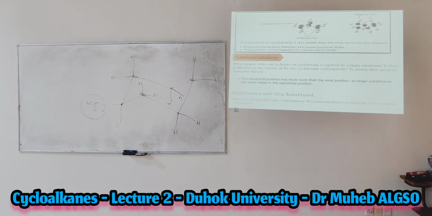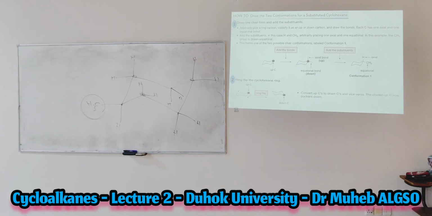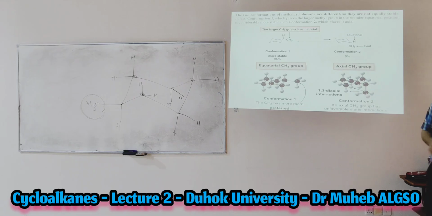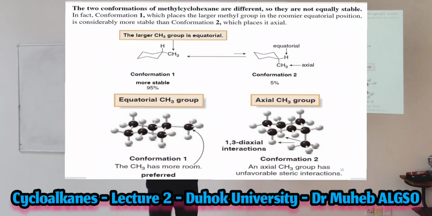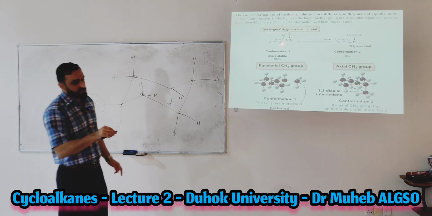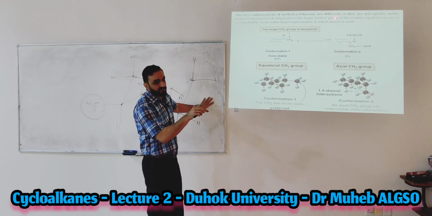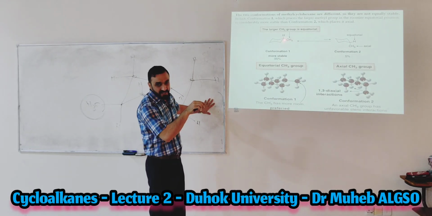Okay. Do you understand the steps, how you can draw the cyclohexane? Now, the two conformations of methyl cyclohexane: this is the first chair form, and this is the second chair form, okay? They are different. Where are they different? Of course, because of the position of the CH3.